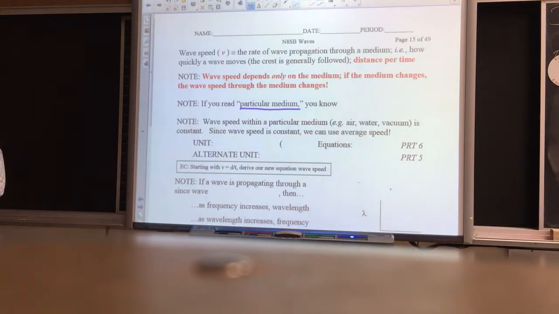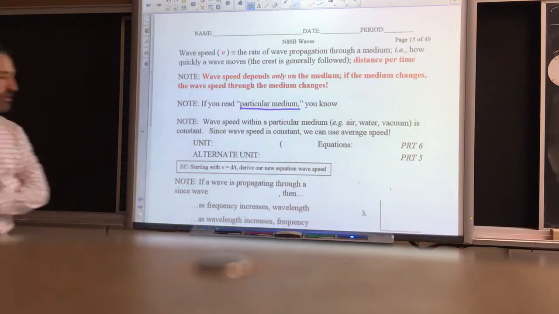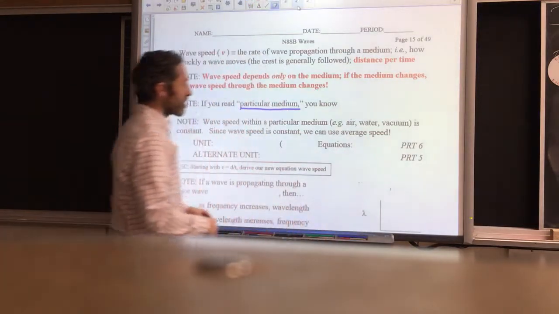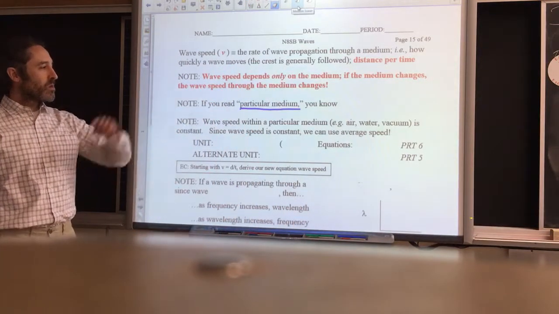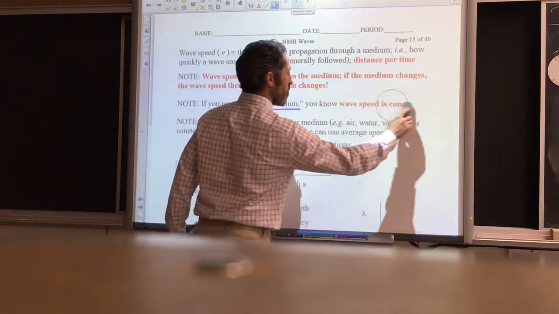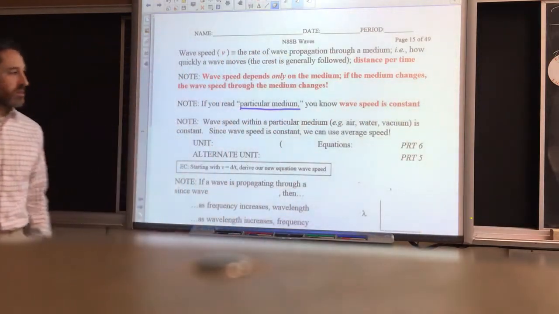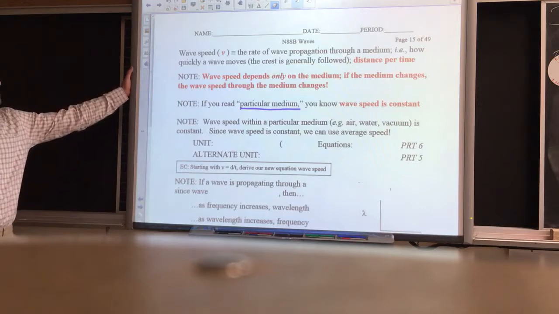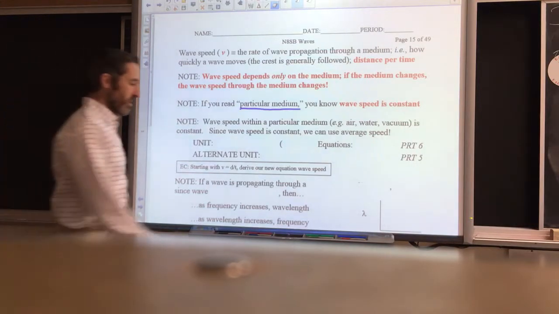When you saw neglect friction, you always knew you could use that acceleration of 9.81. Here, in your wave problems, if you see particular medium, you will know for certain that the wave speed is constant. So that's what that phrase is going to give away.